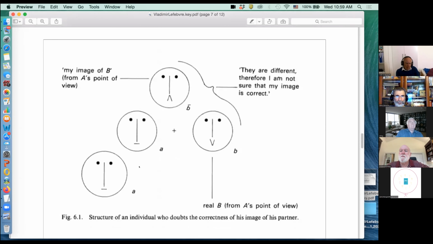But he also, in his languaging, uses diagrams like these for the awareness patterns. So this fellow A is aware of A being aware of the negation of B or B. All right. So this is the structure, as he says, of an individual, A, who doubts the correctness of his image of his partner, B.